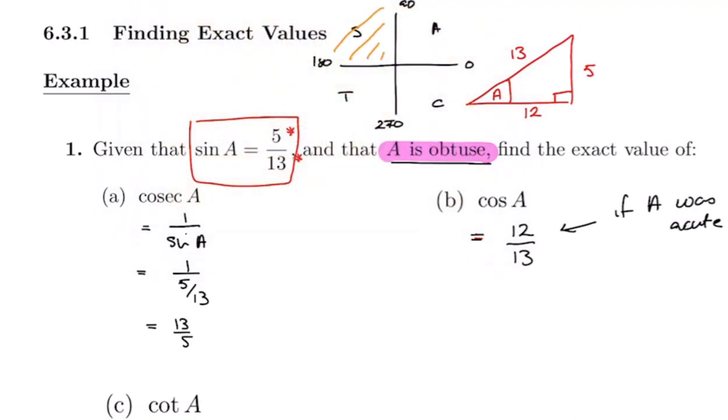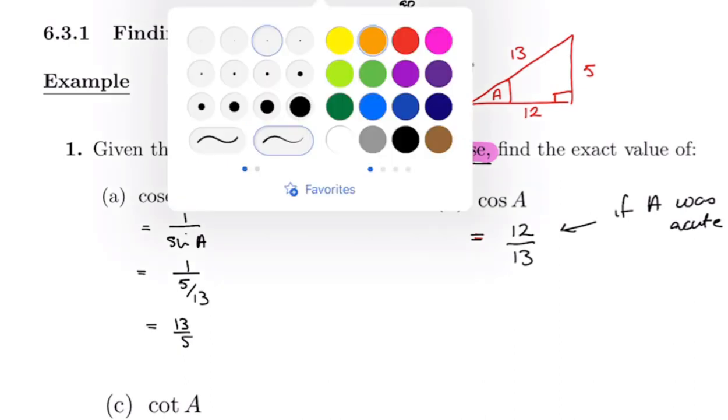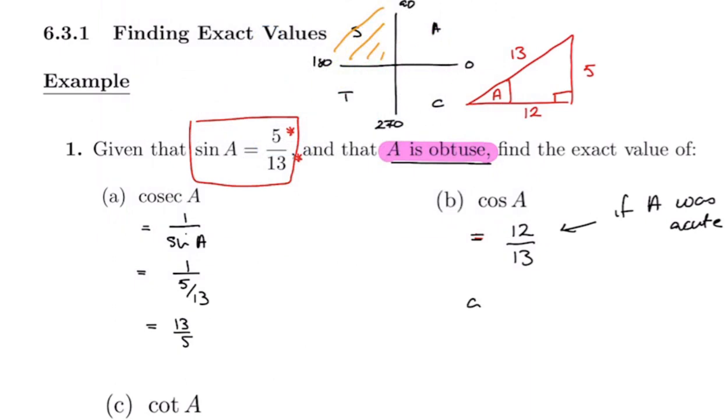Therefore only sine will be positive, because between 90 and 180 we've got S in that section. So cos A equals minus 12/13, as A is obtuse. We've got to be very, very careful, and think about what this is telling us.